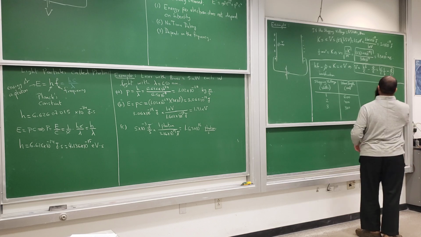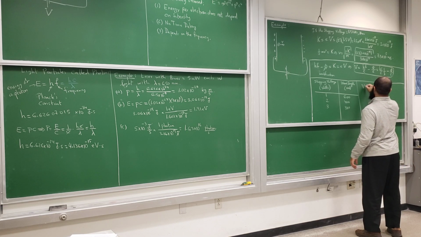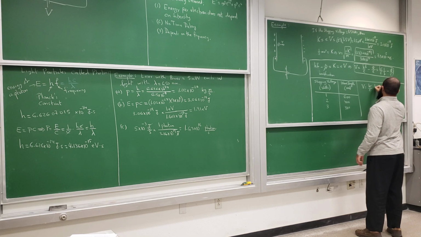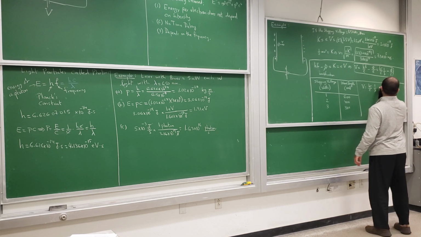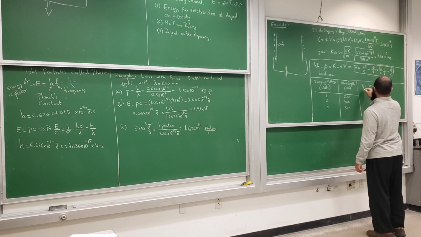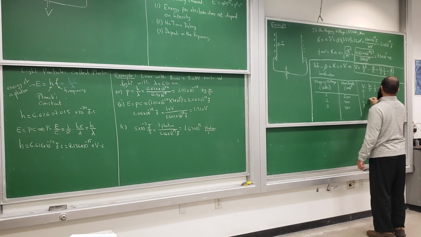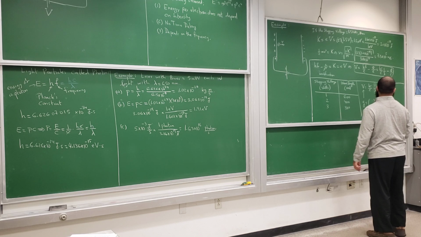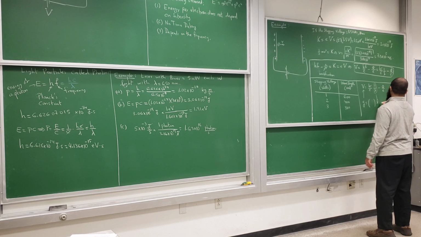Let me write it. So here's V is equal to hc over e times 1 over lambda minus phi over e. Then if I plot this, I'll just have y is equal to something times the x-axis. So 1 over lambda is x, and then plus b, which is the y-intercept, right?